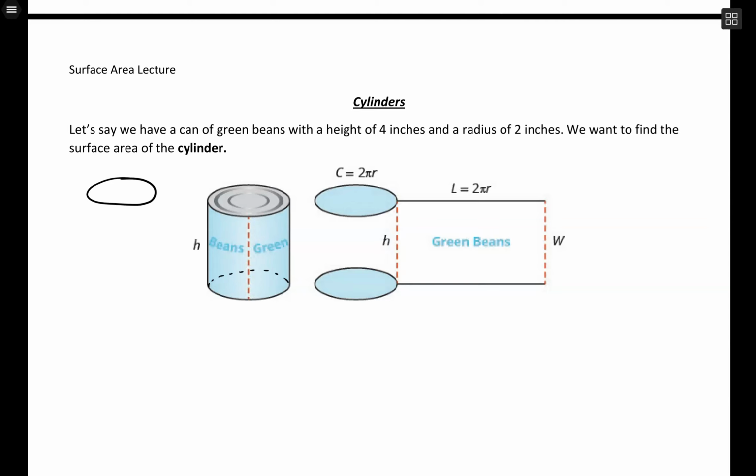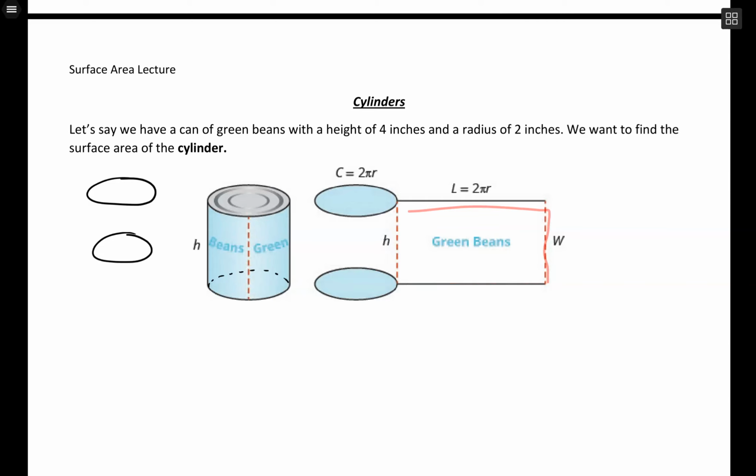So that makes up surface area, you have these two circles. And then what can be hard to visualize is thinking about how you would calculate the area along the side here, like where the label would be printed. But the key is that if you have this label covering this can of green beans and you cut that label, what happens is if you flatten it, really, it's just a rectangle.